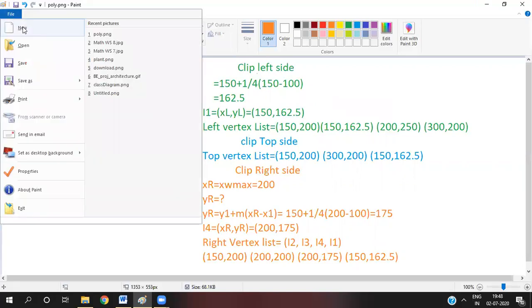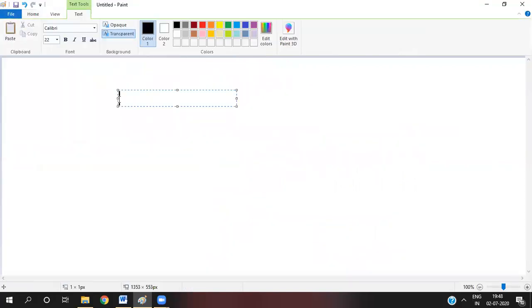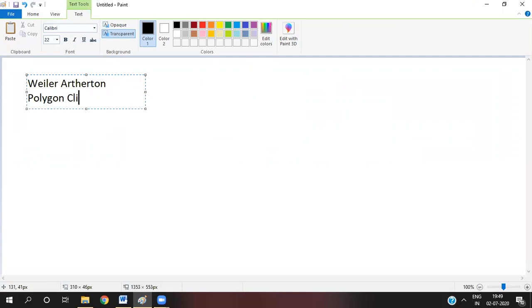Name of the algorithm is Weiler-Atherton polygon clipping algorithm, W-E-I-L-E-R.